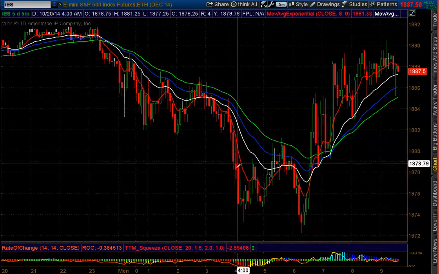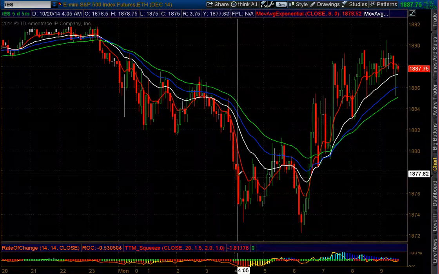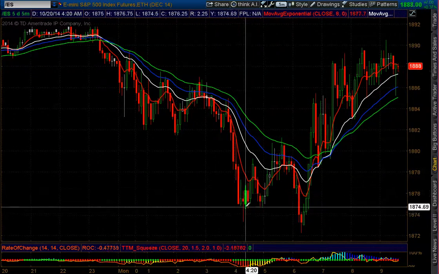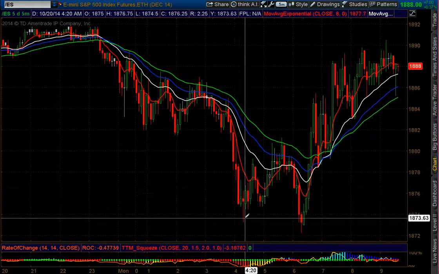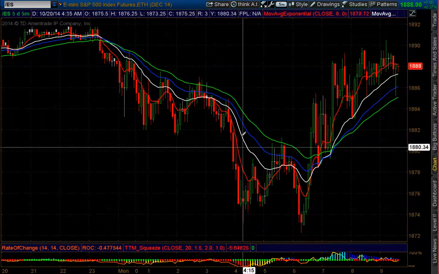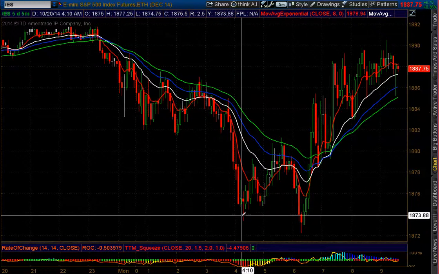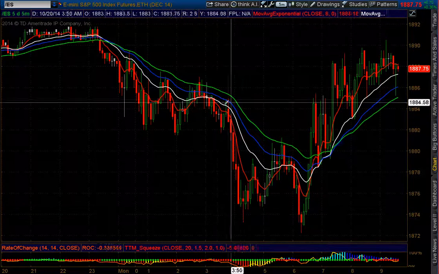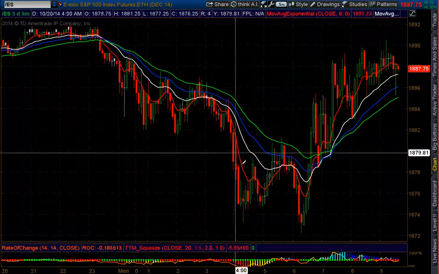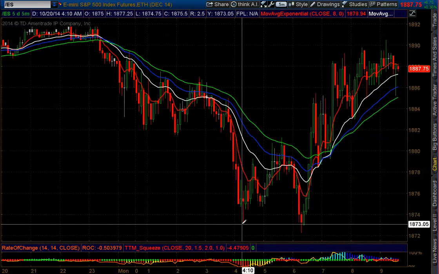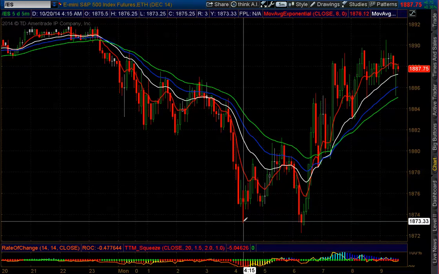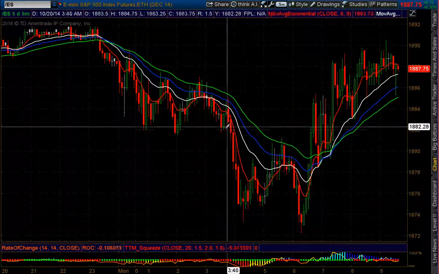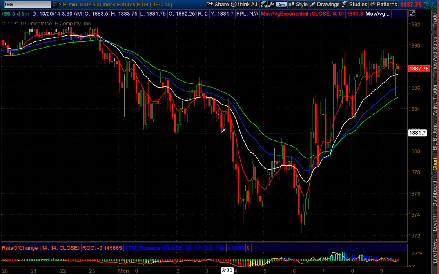Then it pulls away. Now this is an extreme move, very extreme from the moving average. And as you can see, the moving averages follow it down. But this here, this is a cycle. This is a very extreme cycle. The next cycle, well, let me go back a second. This low is lower than this low.